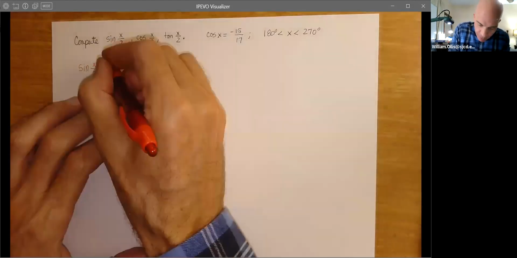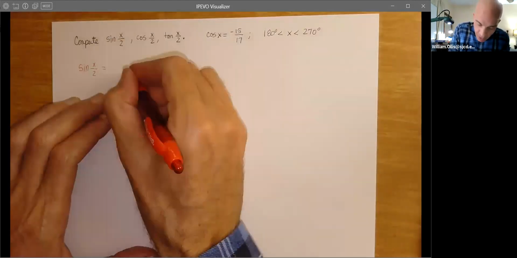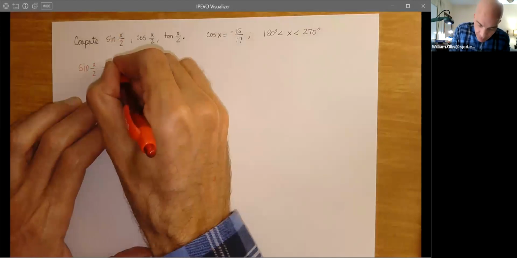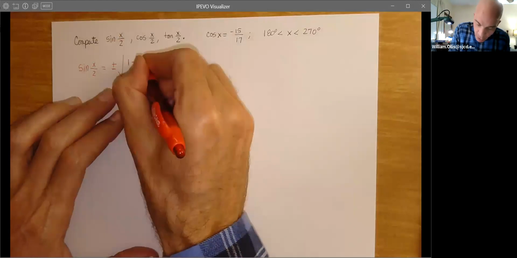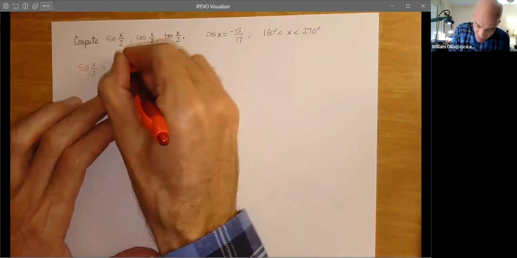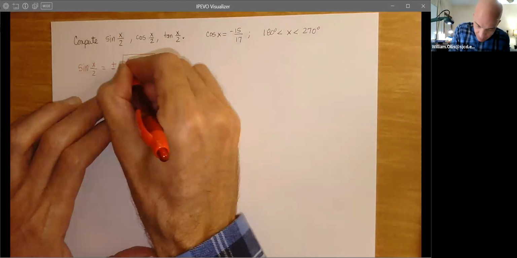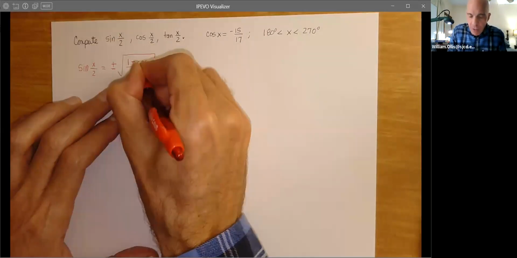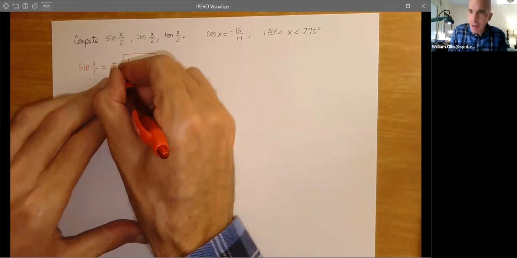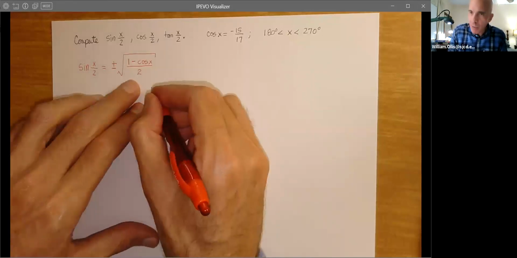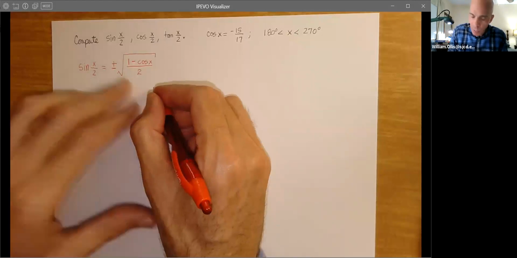It's a very popular function. So we get plus or minus the square root of 1, and of course, we double the angle, cosine x, divided by 2. This is not a very user-friendly problem because we have to determine the sign. It's not like the half angle of the tangent where we don't have the plus or minus. So we're stuck with it.